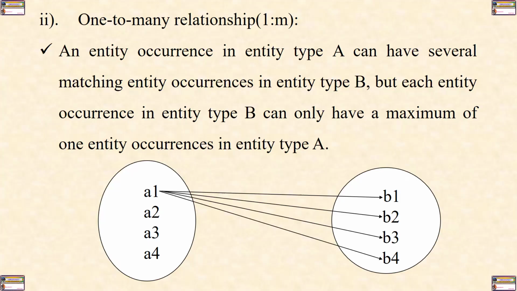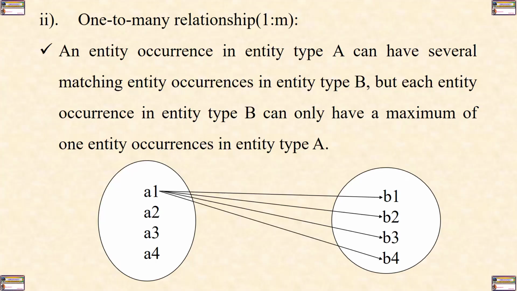So in a one-to-many relationship, an entity occurrence in entity type A, like A1, can have several matching entity occurrences in entity type B. But each entity occurrence in entity type B can only have a maximum of one entity occurrence in type A.